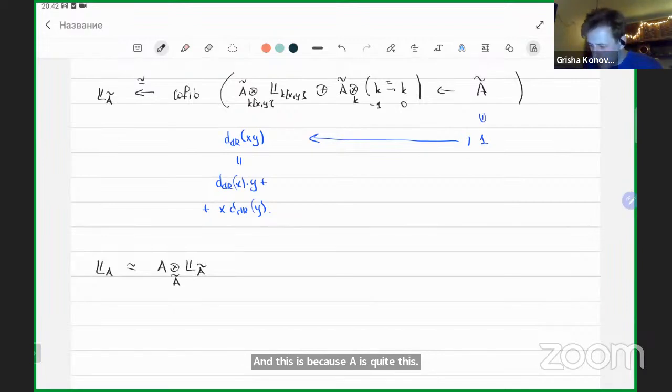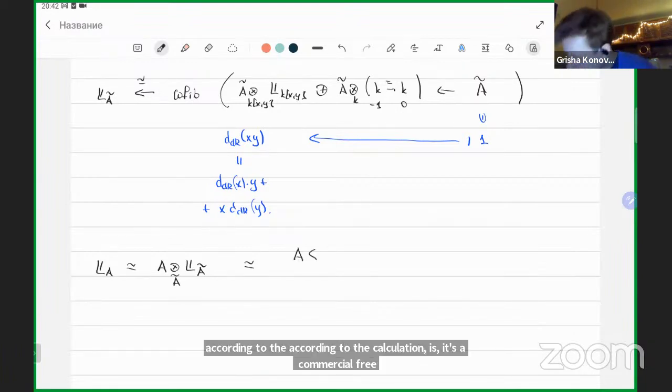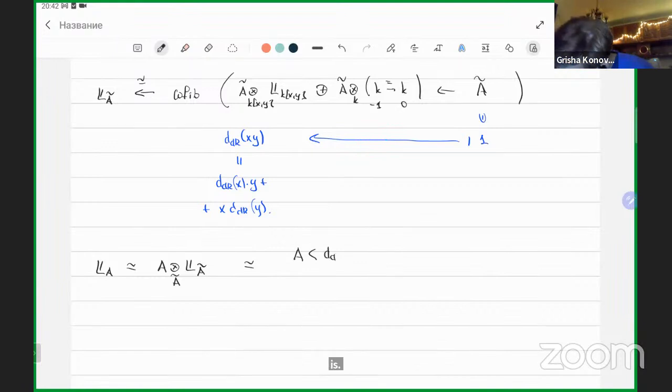And I want to write an explicit formula for this complex, which according to the calculation is a quasi-free A module whose generators are dx, dy, and dz.